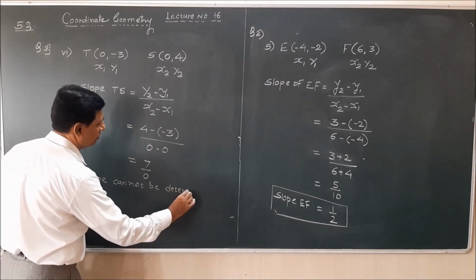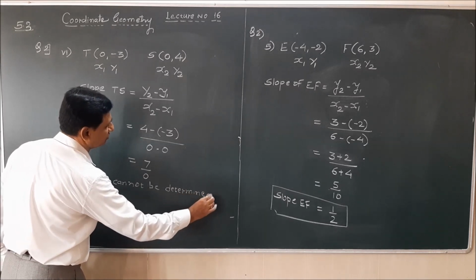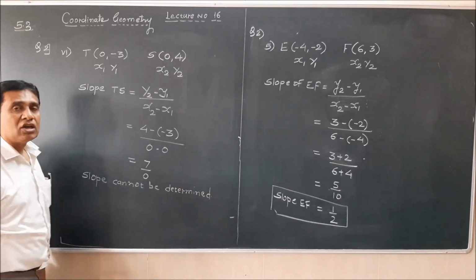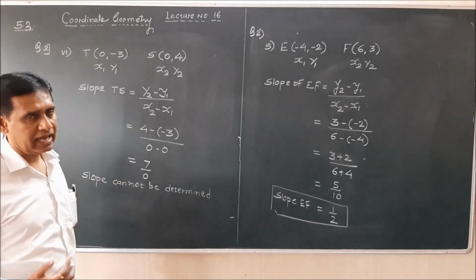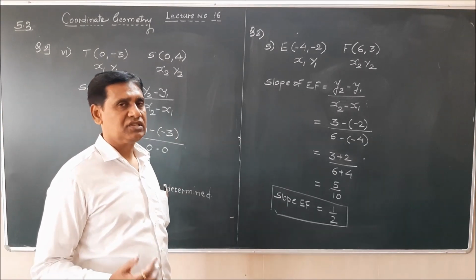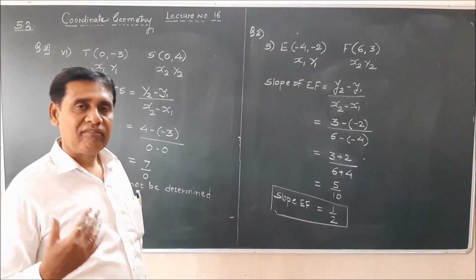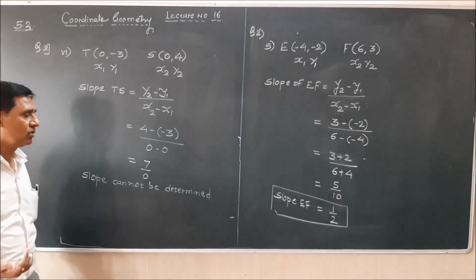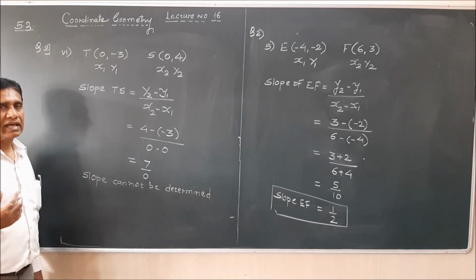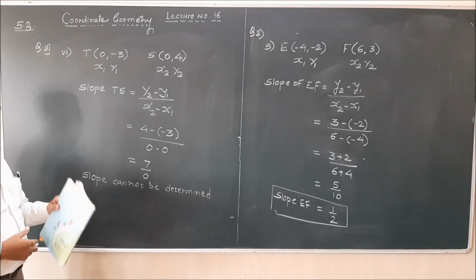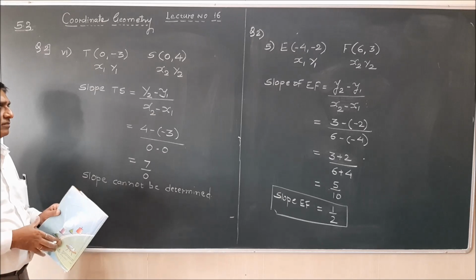Why is this so? Because whenever the denominator of any number is 0, in that case you always mention that we cannot determine the value of that number.